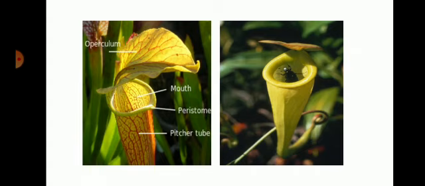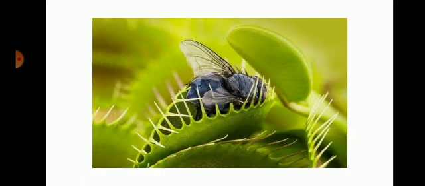The insect inside the pitcher is digested by digestive juices secreted by the pitcher to obtain nitrogen compounds and amino acids from them. The best examples are pitcher plant, sundew, Venus flytrap and bladderwort.